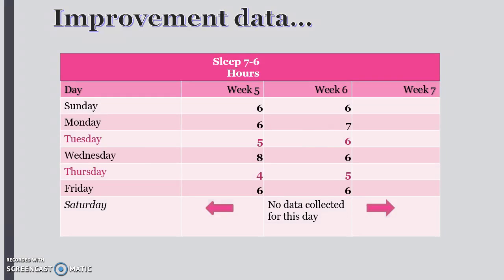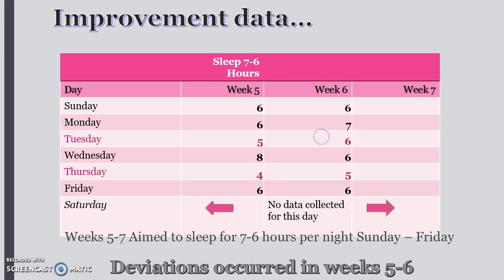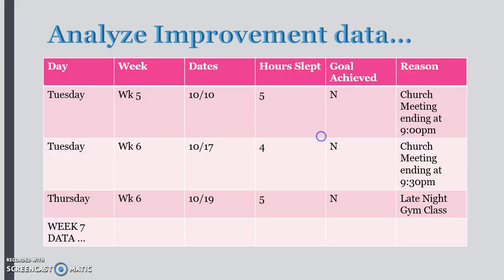So improvement data, here's the data that I got from week 5 and week 6. As you see highlighted in pink, those are the days that I did not achieve the 7 to 6 hours of sleep that I had initially planned, and that's Tuesdays and Thursdays. And here is a magnified snapshot of Tuesdays and Thursdays for weeks 5 and 6.